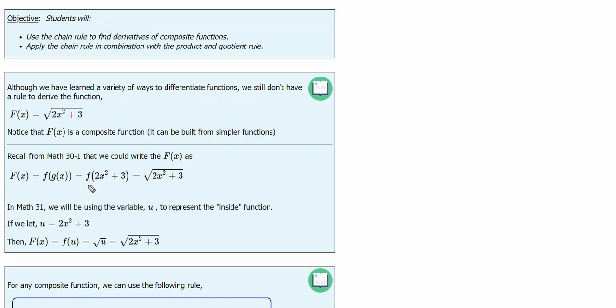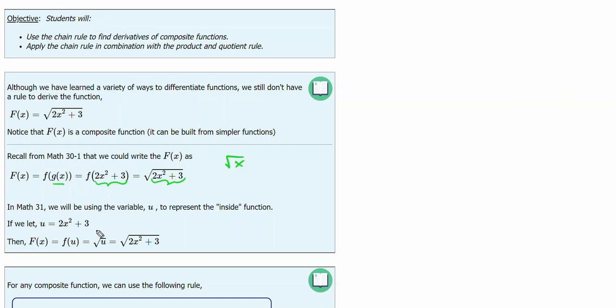So f of x is f of 2x squared plus 3, where the 2x squared plus 3 could be your g of x. That's its own function, right? The outside function here would be the square root of x, and the inside function would be 2x squared plus 3. Okay, so that's a bit of a review for composite functions from last year.